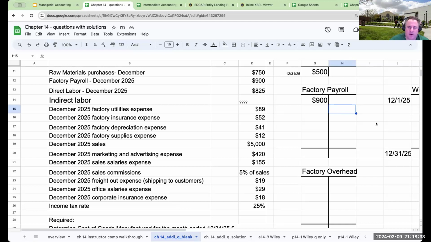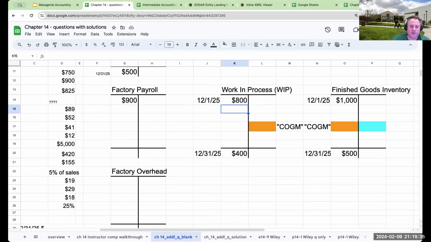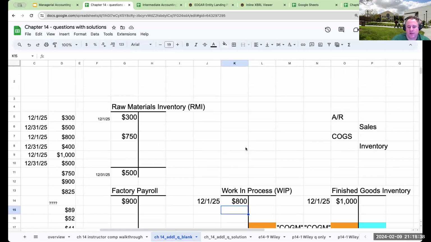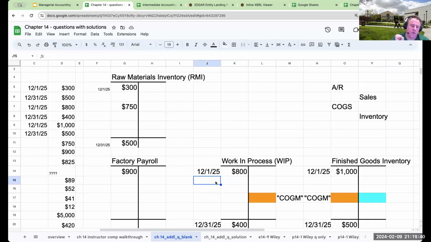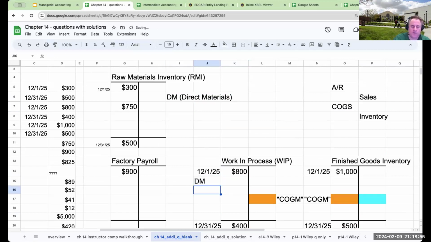What does that mean? Well, in our work in process, we've got a couple of different things happening, right? Work in process, we've got our beginning balance. When we send materials out of raw materials inventory, we call this DM, or direct materials. So this is going to come over here, direct materials.